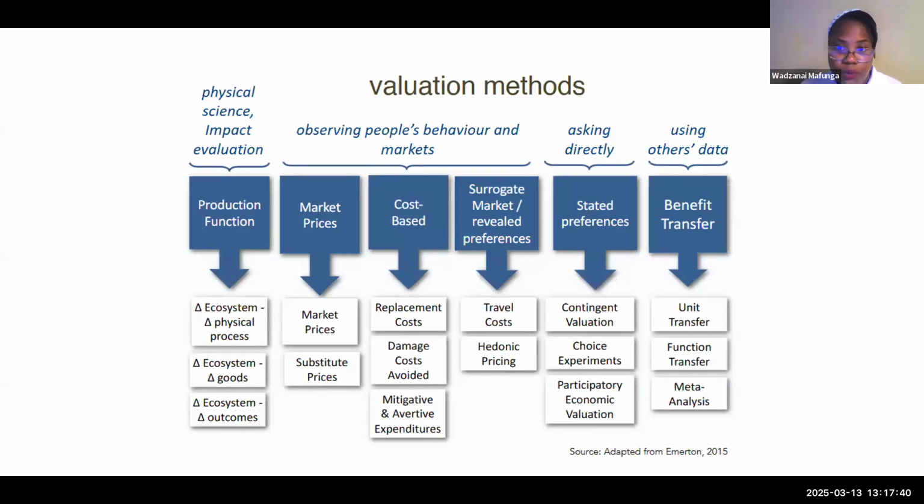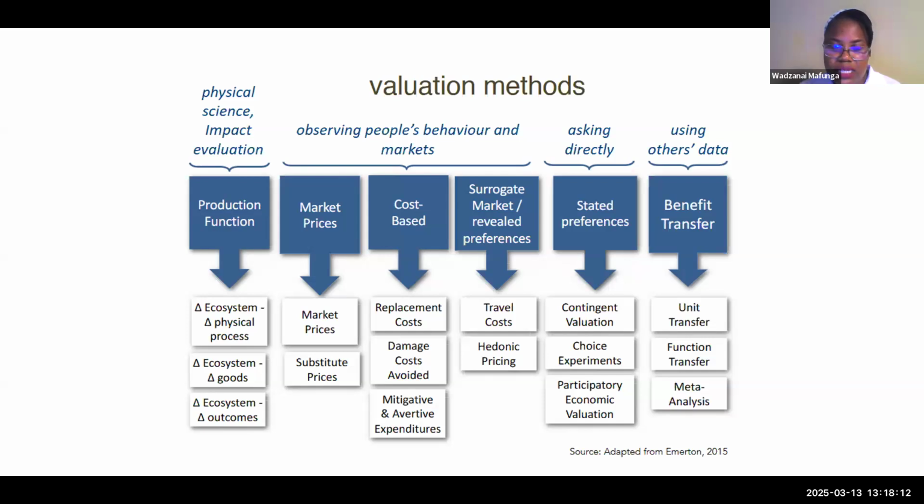And then the last one, which takes less effort, is the benefit transfer. This one we need to be very careful about, because it's about using studies that have been done in other areas, and then applying the results to a similar area. So the reliability of this method depends on the similarity between the two areas.